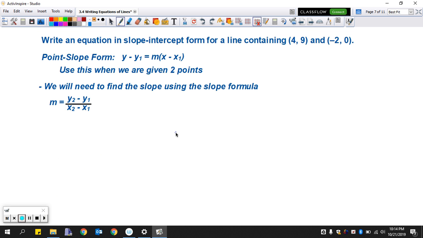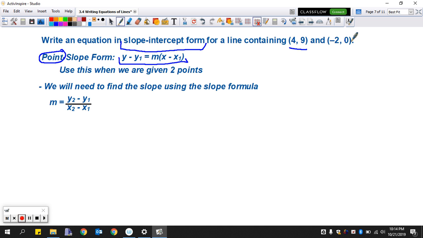All right, so this next equation, we actually have 2 points. But it gives us a hint that we're going to write it in slope-intercept form, but we're going to use the point-slope form. The slope-intercept form, that's what we've sort of been doing by default. When we're talking about point-slope form, remember, we have to have points, and we do.